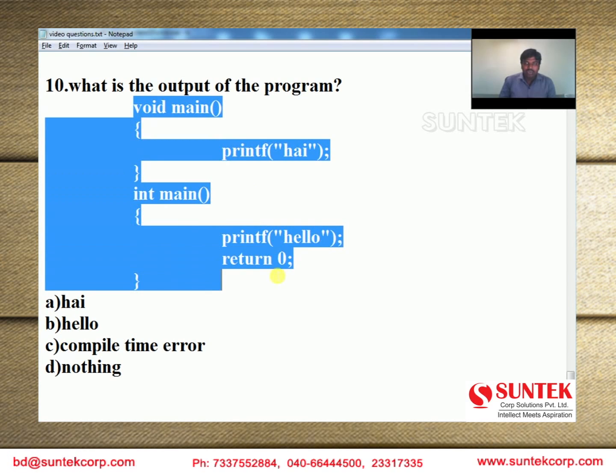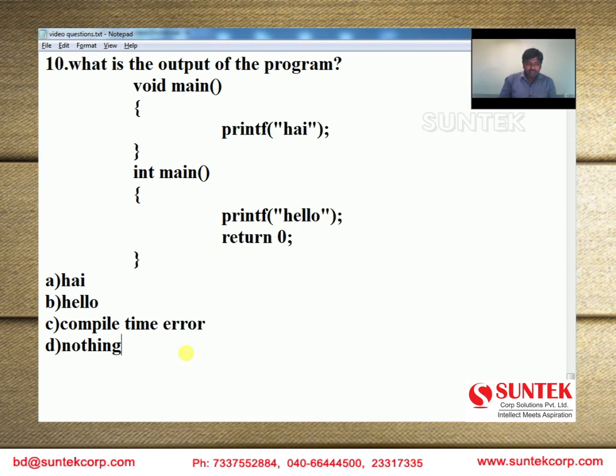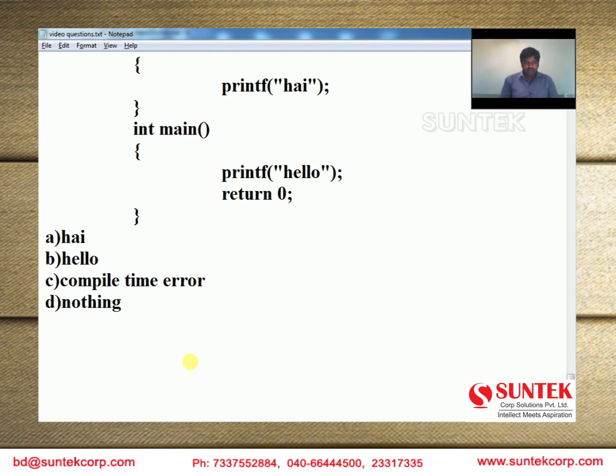Function overloading is also called polymorphism. Polymorphism is one function, many forms. See here we have written void main, printf of I, int main, printf of hello. Which function will be executed? Right. Come to C programming. C is procedure oriented.